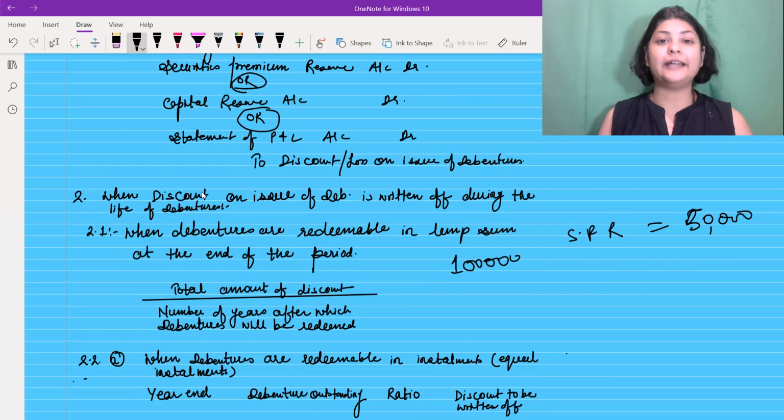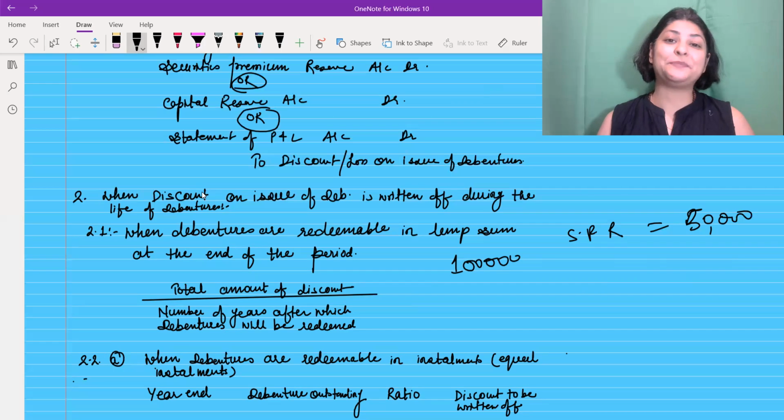Now see, understand the logic behind writing it over the life of debenture. The logic of writing it off over the life of debenture is that one particular year's profit should not come down too much because of this writing off of loss. Now, if I talk about balance of security premium reserve, as per Companies Act 2013, there are very restricted areas, only 5 areas where security premium reserve can be utilized, and one of those areas is this writing off of discount on issue of debenture.